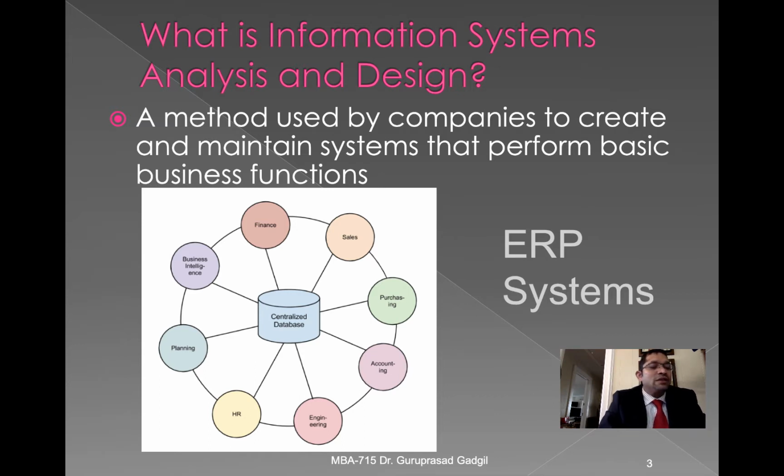For example, a certain type of information technology facilitates and manages the processing of transactions, which are also called transaction processing systems, typically for data entry and retrieval. For example, an automated teller machine, ATM, for a bank is an example of an information system that allows many different kinds of transactions. You can go and deposit money, you can withdraw money from an ATM machine. But if you go to the bank and you find a person to do that job for you, each of these transactions is a business process.